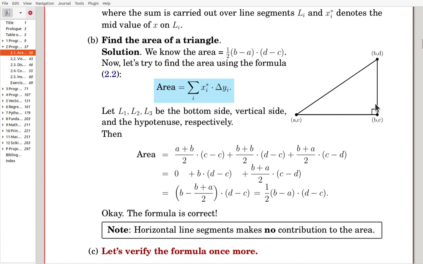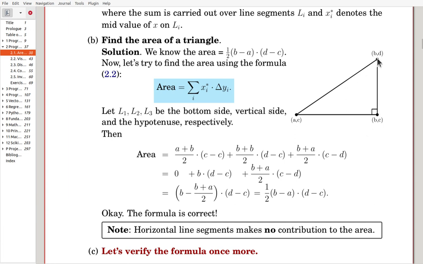For that line segment, we are always running counterclockwise, so that if we run along the boundary, then you will see the region on the left hand side. That rotation is called positive orientation. Anyway, for the next one, the center value of x is b plus b over 2, that is b, and the change in y is d minus c.